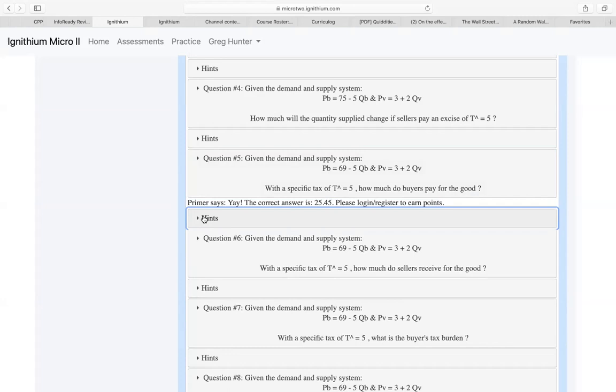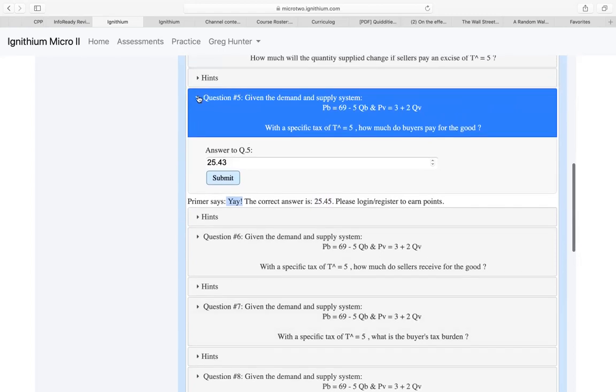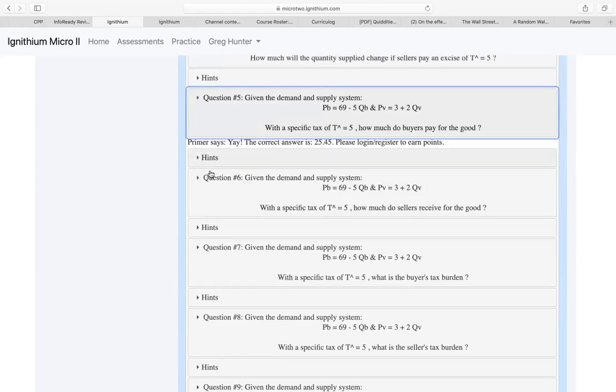And if you're wondering if your precision is good enough in those cases, then make sure you put it in the answer box here, and this will show you what answer Ignithium will record in the database to judge your answer against, okay? And if it says yay, it's assigning you a point, right? So you got the right answer. So precision is your thing, okay?